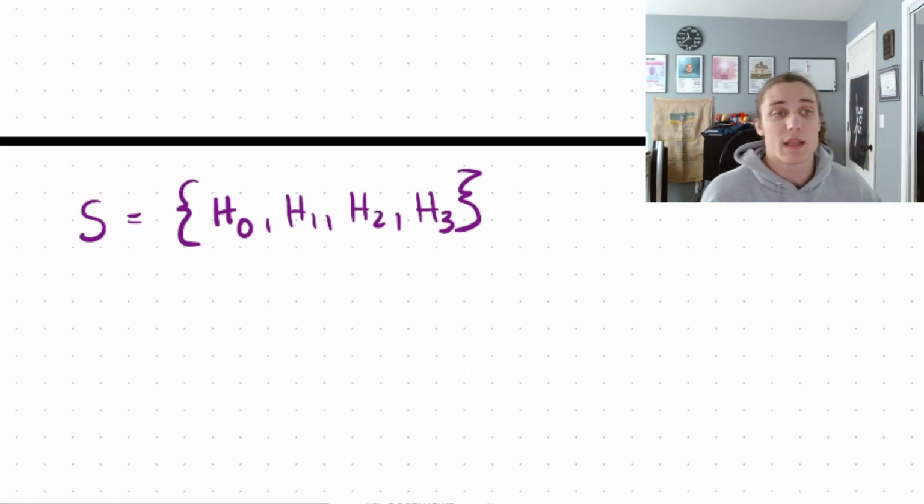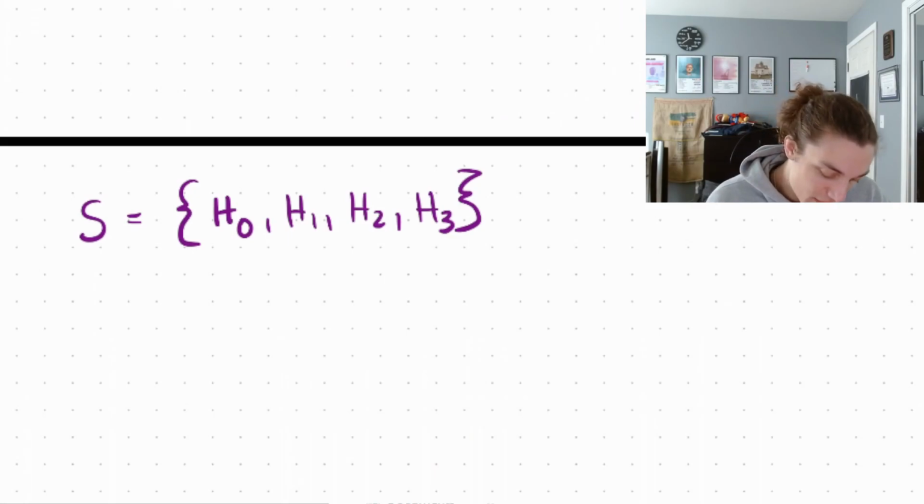So we have 4 states. Maybe you can guess what they are. H0 means we have a chain of 0 heads. H1 means we have a chain of 1 head. H2, a chain of 2. H3, a chain of 3. If we achieve this chain of 3, then we're done.